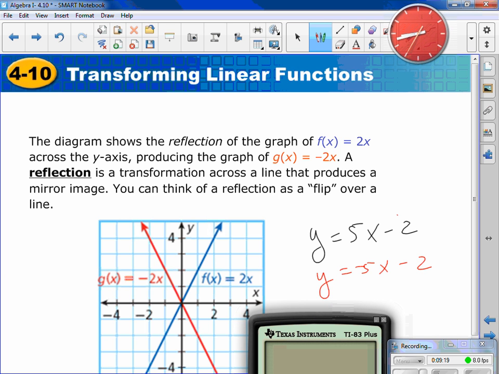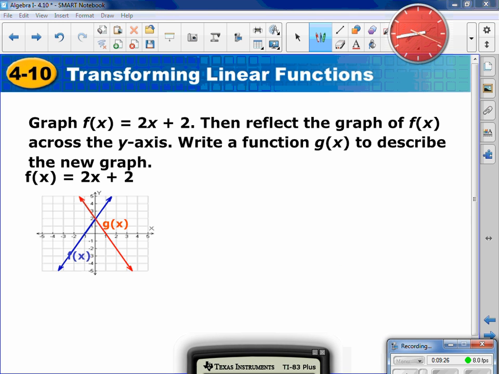I have this graph here. F of x is 2x plus 2. It has been reflected over the y-axis, and now it's g of x. How would I write g of x? I heard someone say it, negative 2x plus 2.